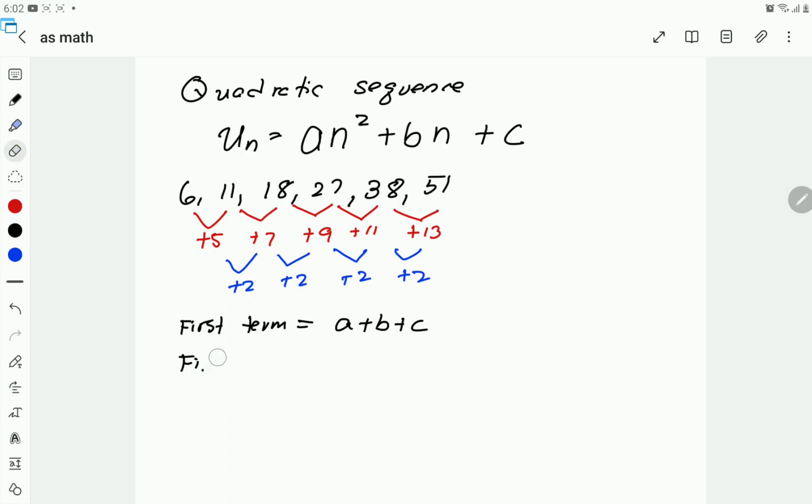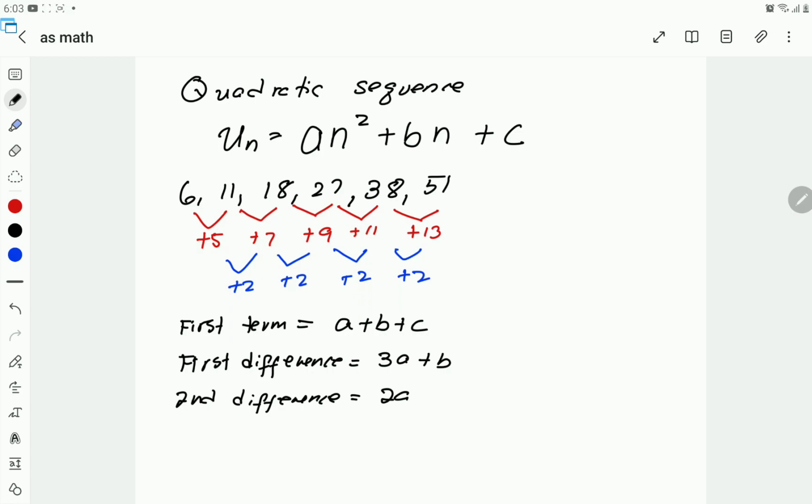My handwriting is a little bit ugly. My first difference, I think we don't need to derive this one, you just need to remember 3a plus b. And my second difference is equal to 2a.